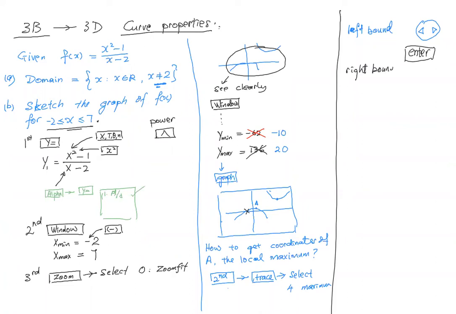So what do you use? Okay, so you have to use this cursor. Move it until it is at the right of the point A. Correct? So then what should you do after that? When the point is at number 2, you press enter.